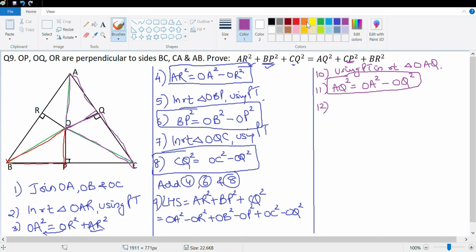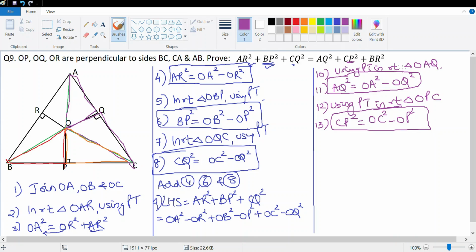Let's see which triangle CP is a part of. CP is part of the triangle OPC. So using Pythagoras theorem in a right triangle OPC, CP square would be equal to hypotenuse, in this case OC square minus OP square. So that's the second element from the right hand side.